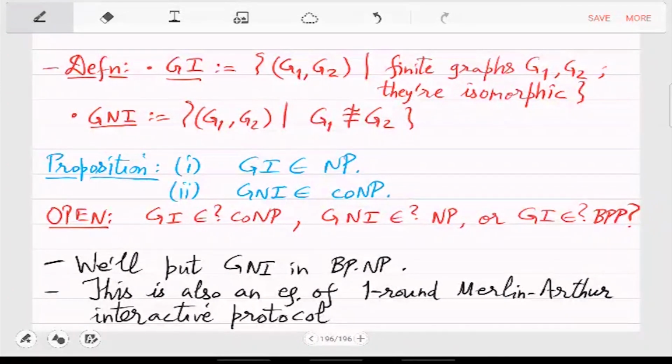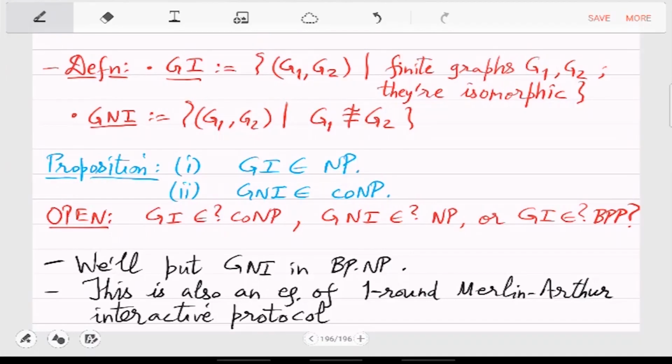Merlin is the all powerful king, or the all powerful advisor, prover, and Arthur is a weaker king. Okay, so, Merlin sends proofs to Arthur, and Arthur is a polynomial time verifier, in fact a randomized polynomial time verifier, and he has to verify without knowing everything. Okay. So, Arthur is much weaker than Merlin.